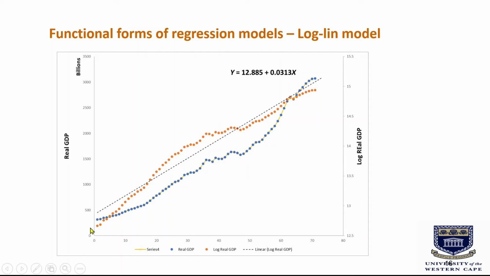And that ranges from around just over 12.5 to about 15. Then the straight dotted line gives you the regression estimated model, okay, run on the logged Y, the logged GDP. Again, this is the average growth rate for this series, okay.